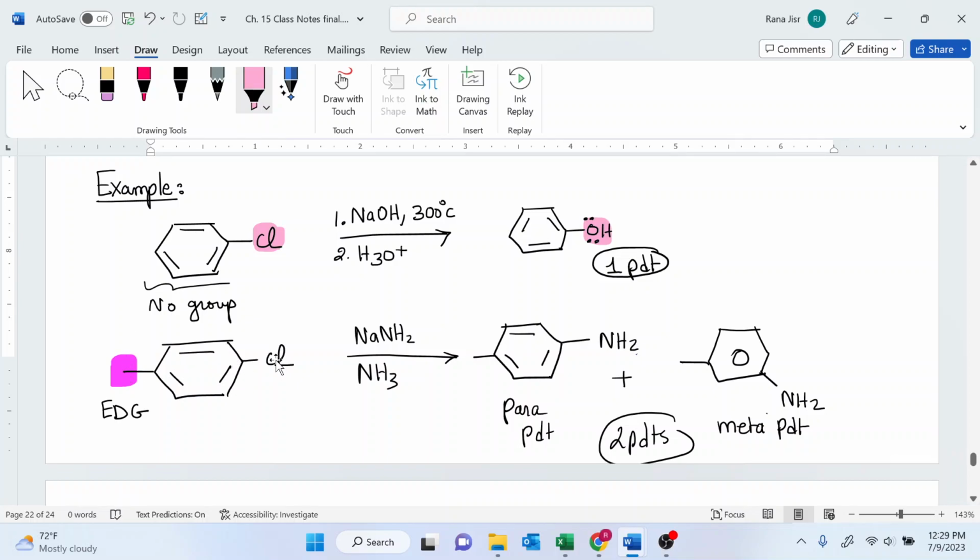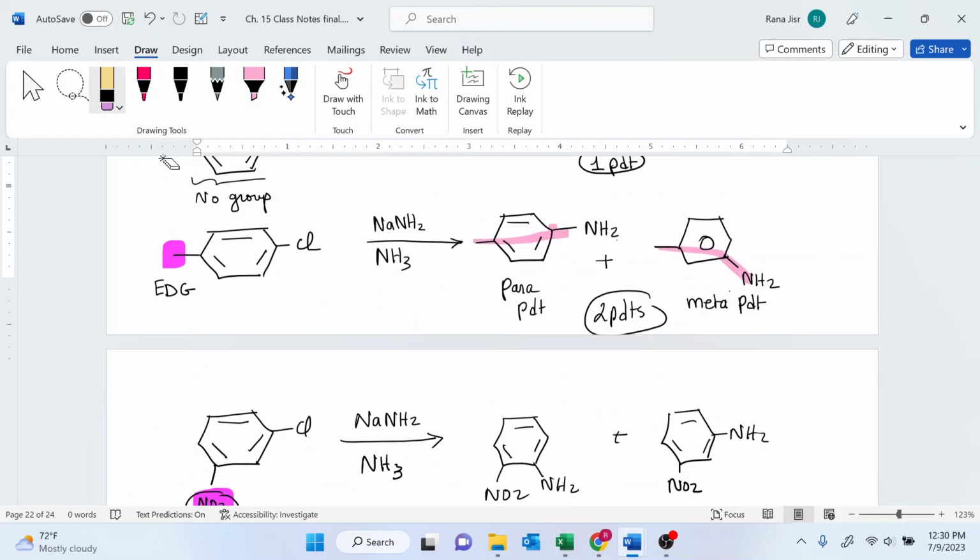And I'm substituting the halogen with the NH2 in this case, and the NH2 is going to assume two positions, either on this carbon, which is para to the CH3, or on this carbon, which is meta to the CH3. So you're going to get two products in this case.